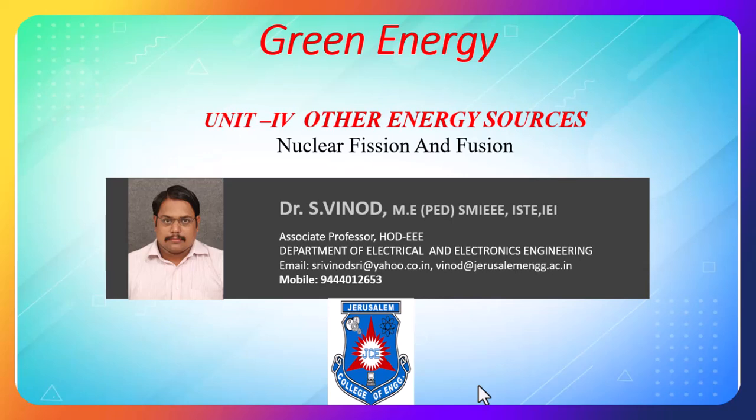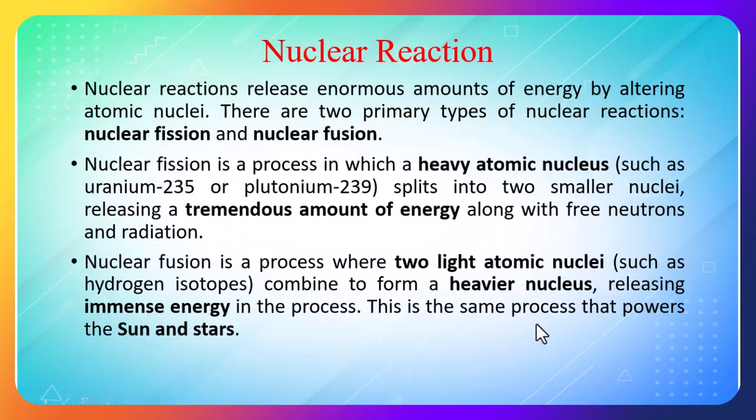The subject is green energy, and today we are going to discuss nuclear fission and fusion. First of all, you should know what a nuclear reaction is. A nuclear reaction releases an enormous amount of energy by altering the atomic nuclei. If you take an atom, you will have electrons, protons, and neutrons.